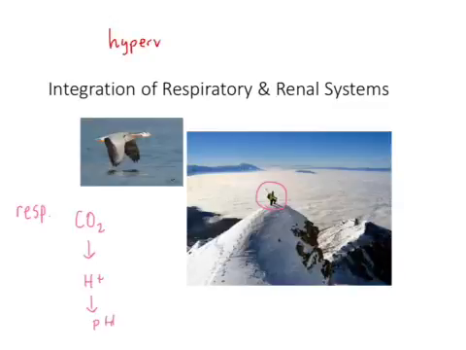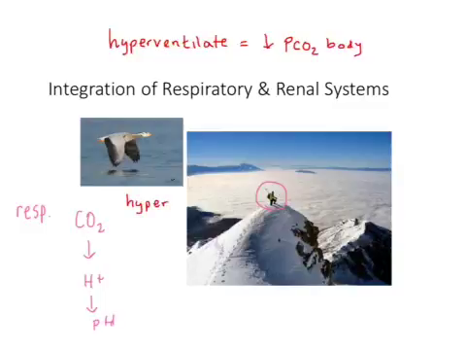So hyper, that's more ventilation than normal. That's going to cause an increased exhalation of CO2, so a decrease in the PCO2 in the body. We're going to get rid of more CO2 than normal. So in that case, with hyper, we would decrease the CO2, we would decrease the hydrogen ions, and we would increase the pH, and we'd be alkaline.